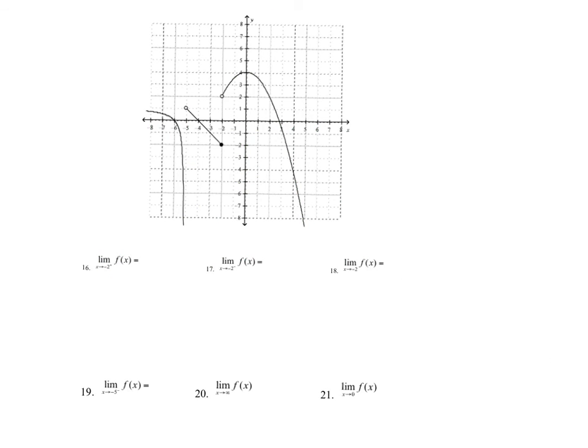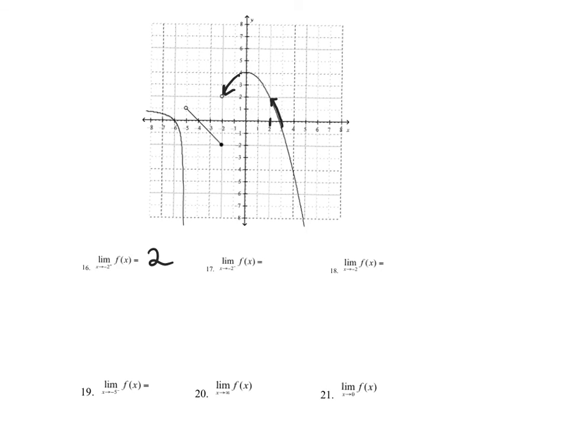All right, the last problems are probably the easiest when you're given the graph. Can we find some of our limits? But just like we always have, you can just use the graph to see where it approaches. So the first one says, what happens if I'm approaching negative 2 from the right? Well, as I approach from the right, it's going to this value, and that is just simply 2.